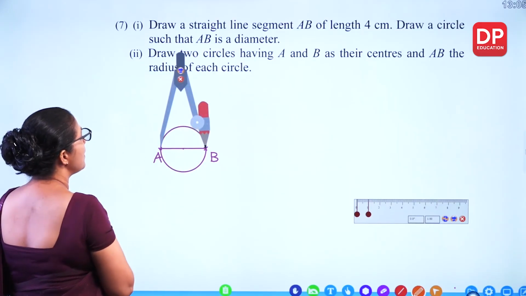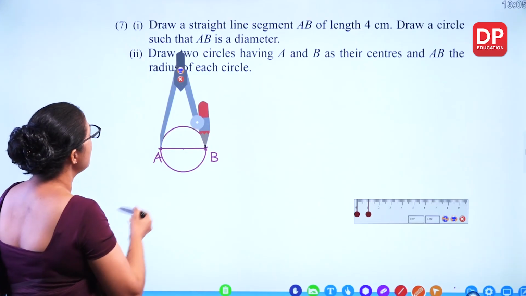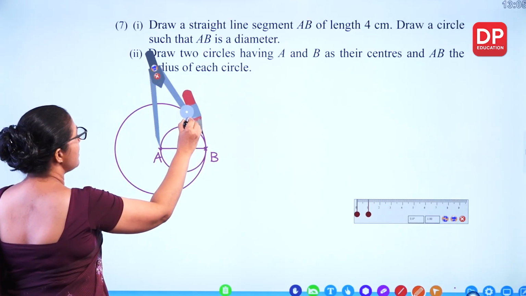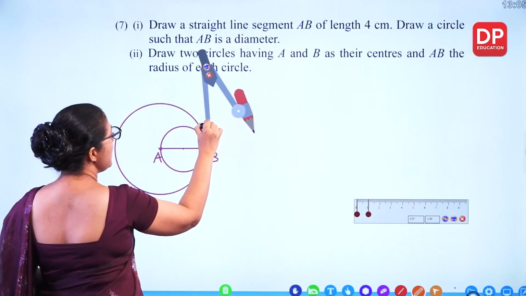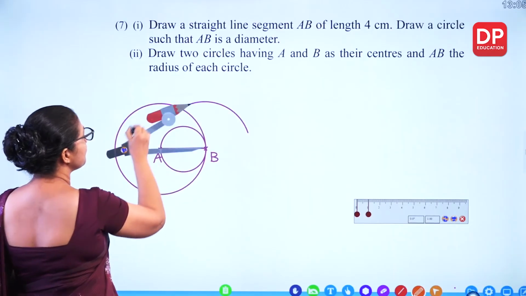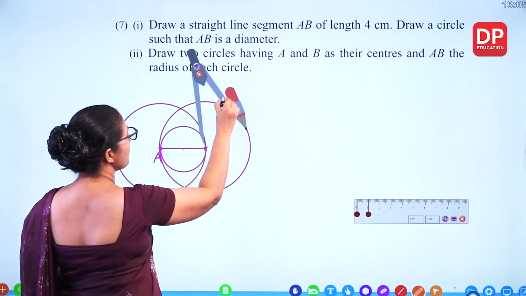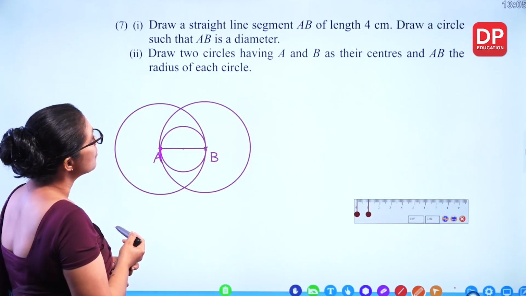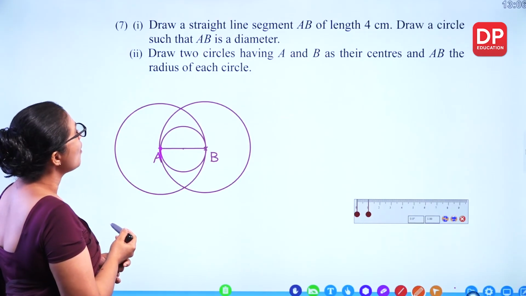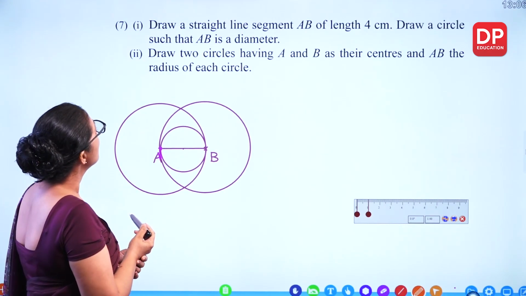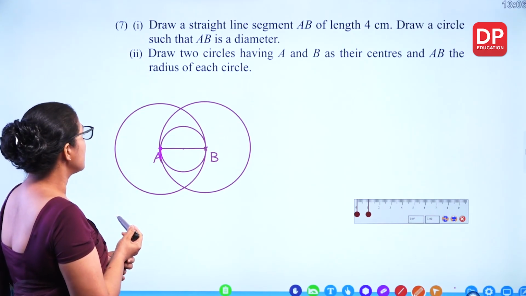So you keep on top of A and draw one circle. Now keep on top of B and draw the other circle. So 2 circles, with AB the radius of each circle.